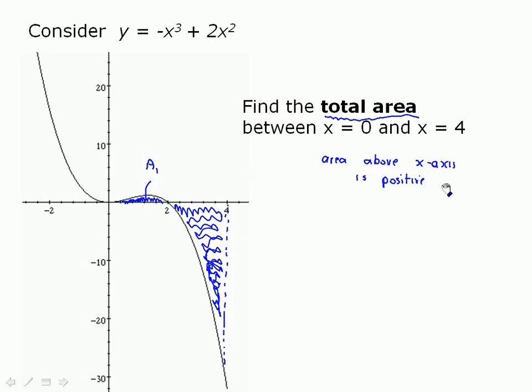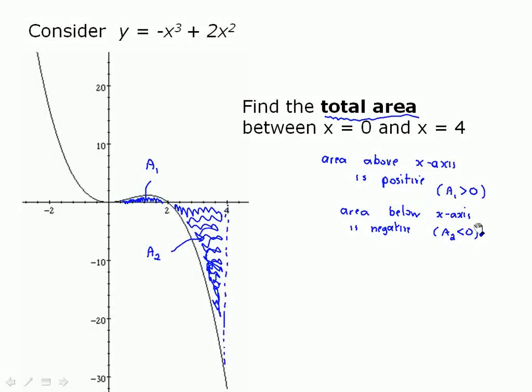Therefore A1 is greater than 0. The area below the x-axis, if we call this A2, is negative. So in this case, A2 is less than 0.